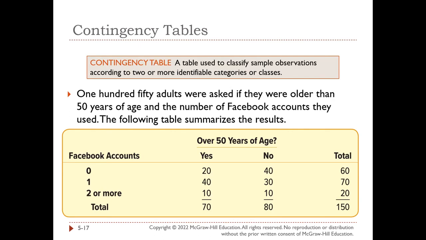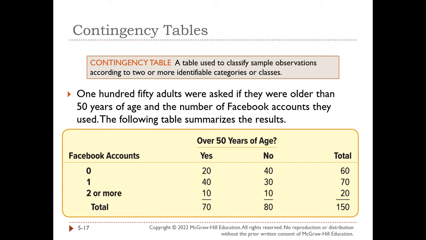Now, how about contingency tables? Yeah, I remember those. So, again, the contingency table is a cross-tabulation that simultaneously summarizes 2 variables of interest and their relationship. The level of measurement can be nominal. There's our nominal again.